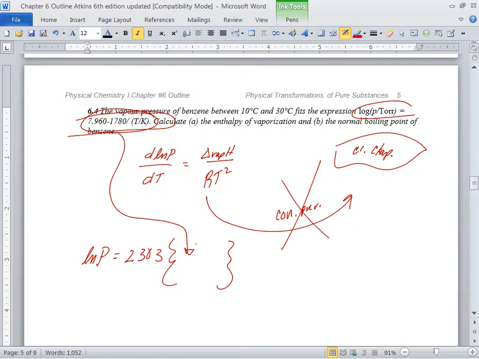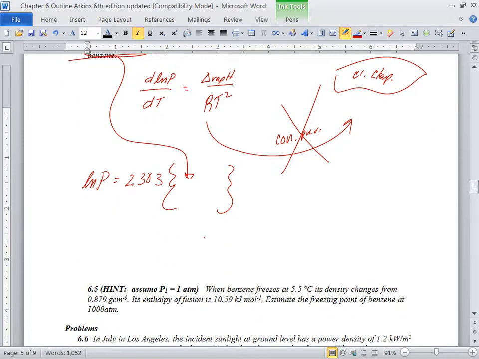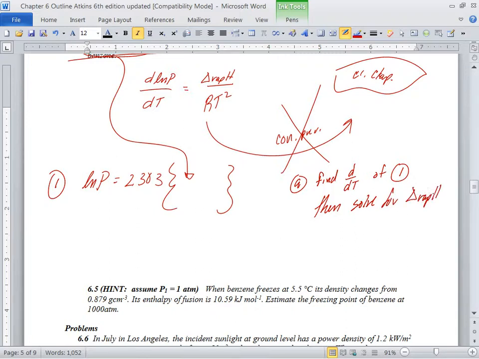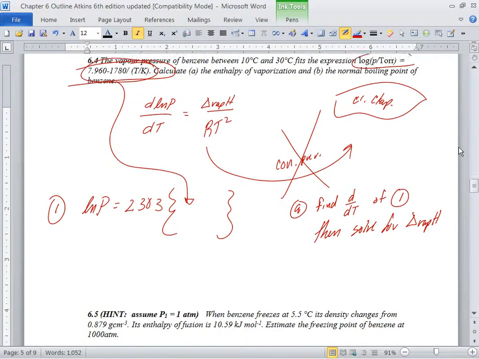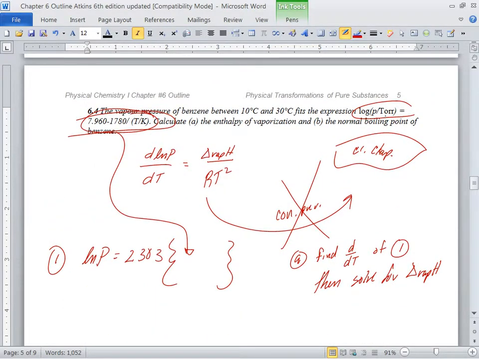And then just solve for the enthalpy of vaporization. That's how you'd handle part A. So let's just call that equation 1. All right, so just find the derivative with respect to temperature and then solve for delta vap H.